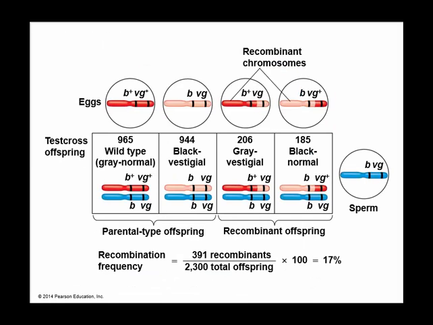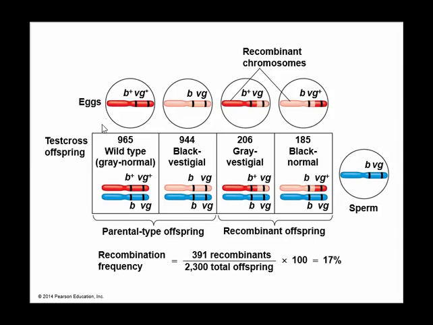And so now let's take our recombinant types and our F1 generation, have our cross with our recessive male here, and here is what our possible offspring are. Here's the parental type offspring, and here are the recombinant offspring.